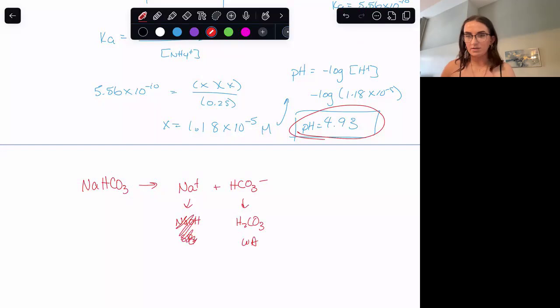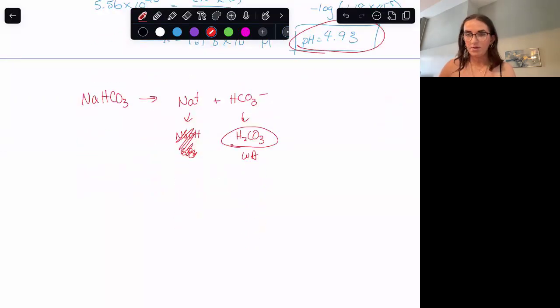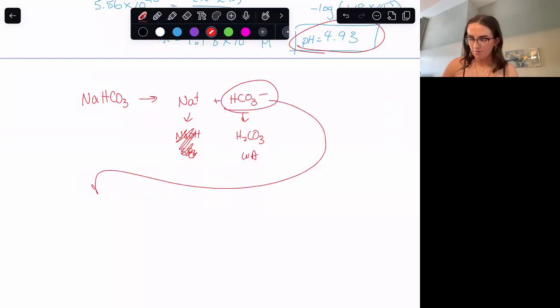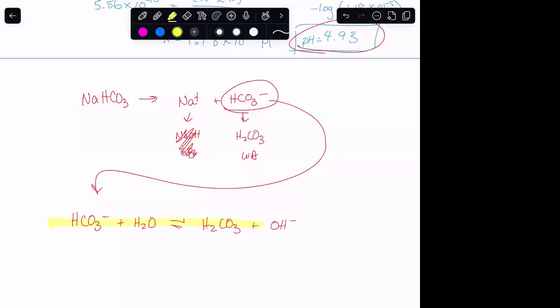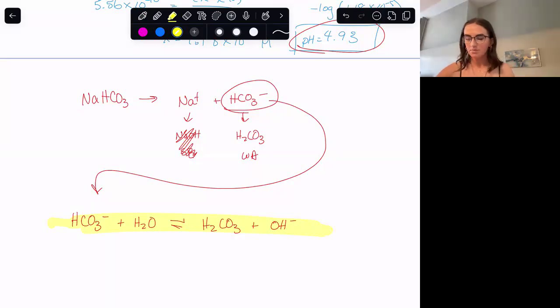I don't care about the strong base. So in solution, HCO3 minus plus H2O is going to form H2CO3 and OH minus. So whichever is the weak one, whether it's a weak acid or a weak base, that one becomes the reactant, and then you add it to water. Correct. Yes. Okay, thank you.